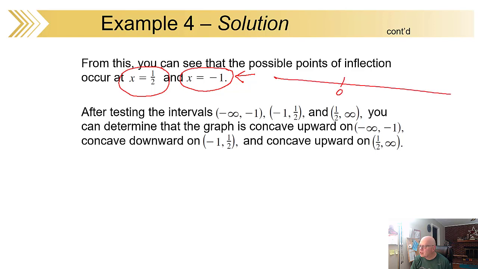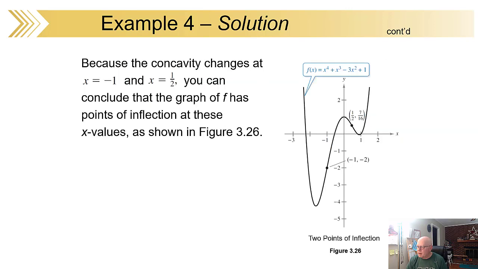You got a section up to here. That's 1. You got from here to about here. That's the second section. And then over here, from there on to positive infinity. 3 sections that was split up using the second derivative.